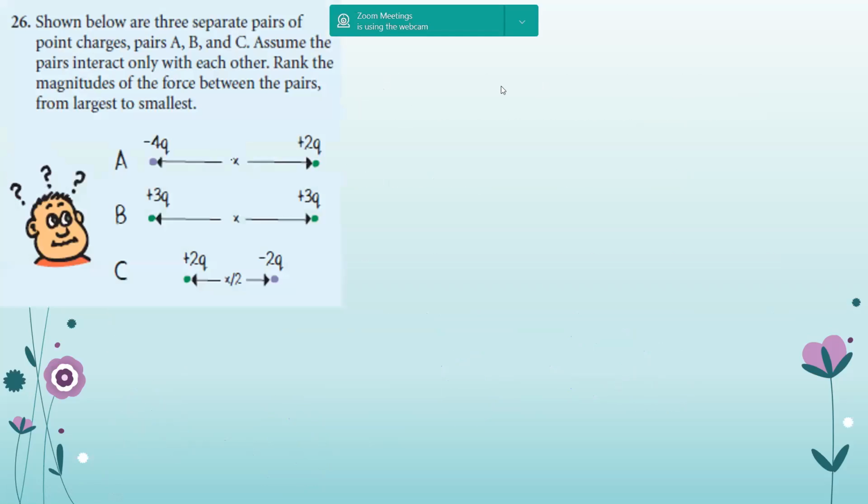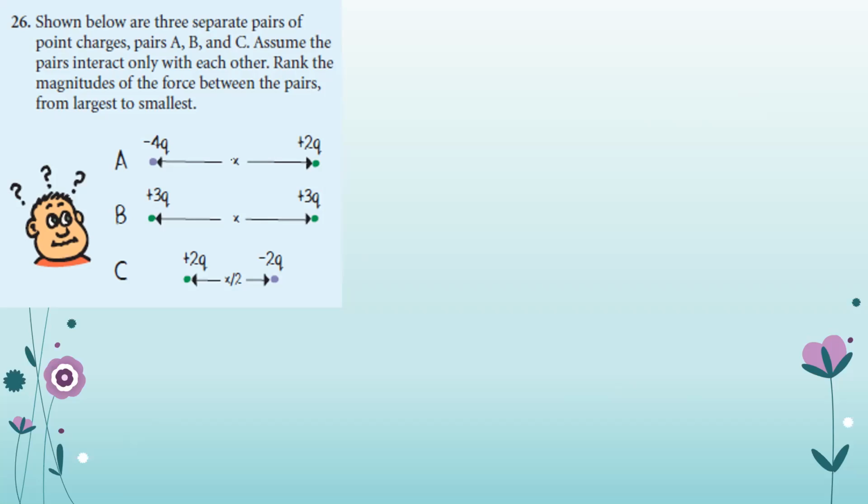Now let's solve some examples here. Shown below are 3 separate pairs of point charges, pairs A, B, and C. Assume each pair interacts only with each other. Rank the magnitude of the force between the pairs from largest to smallest.